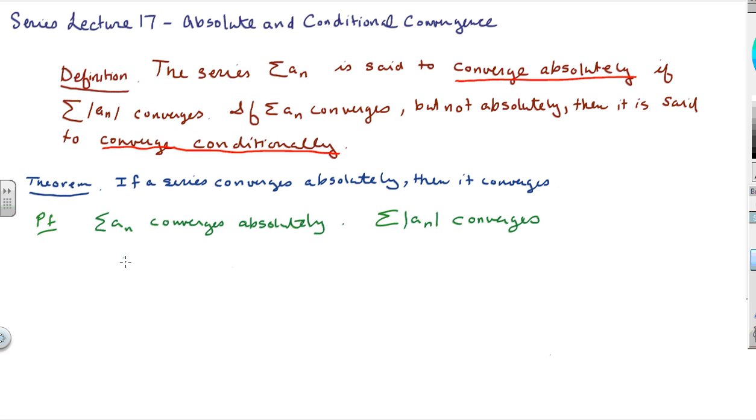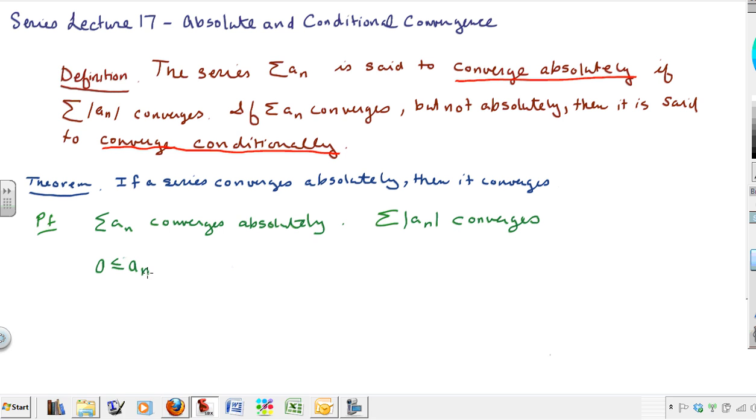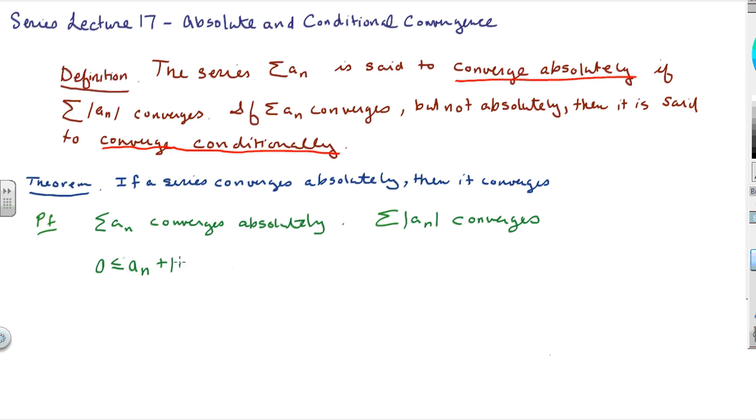So we know that AN is either equal to the absolute value of AN or equal to the negative of the absolute value of AN, but more to the point, that means that 0 is less than or equal to AN plus the absolute value of AN, which is less than or equal to 2 times the absolute value of AN. So if AN is equal to the absolute value of AN, this sum is equal to 2 times the absolute value of AN. If AN is equal to the negative of that, this sum is equal to 0. So it's one of those two endpoints.